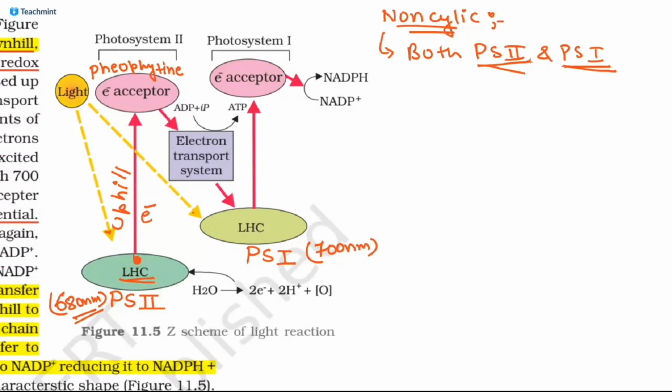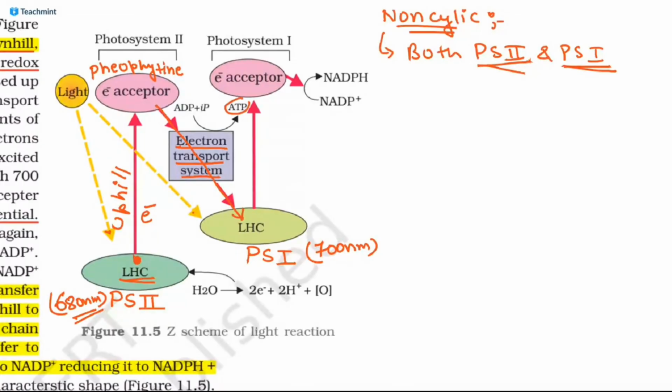Then the electron from the electron acceptor goes to PS1. But in this process, there is a step called the electron transport system.